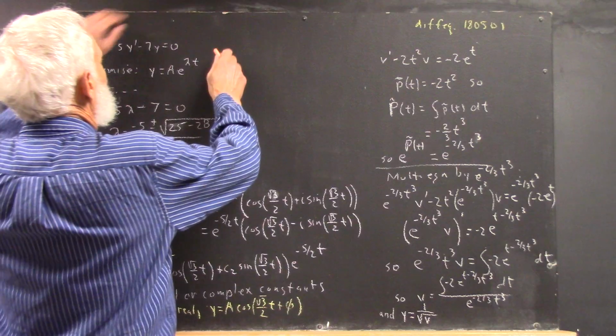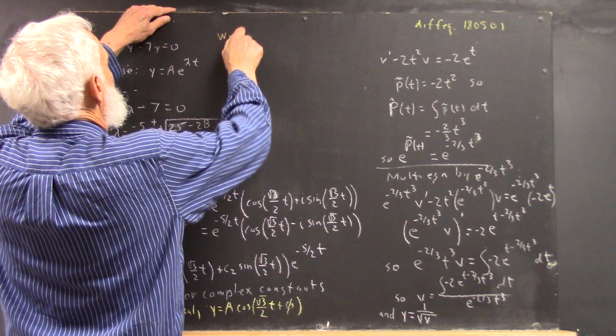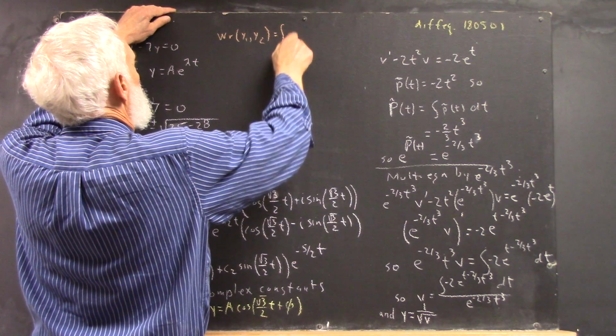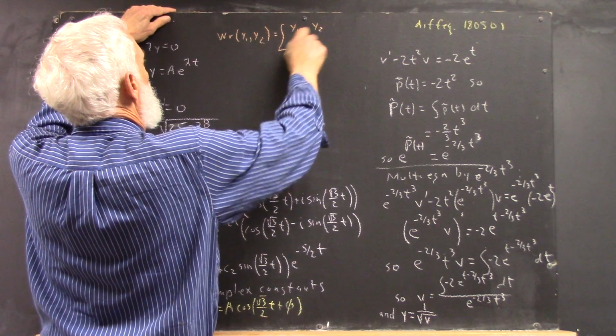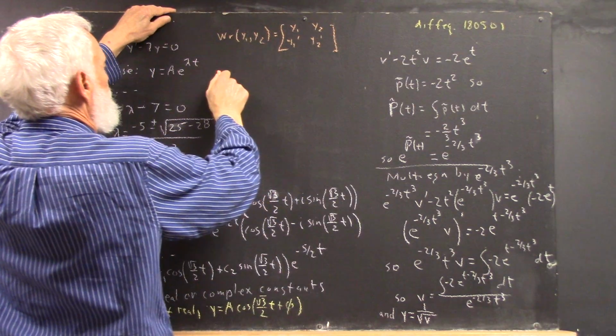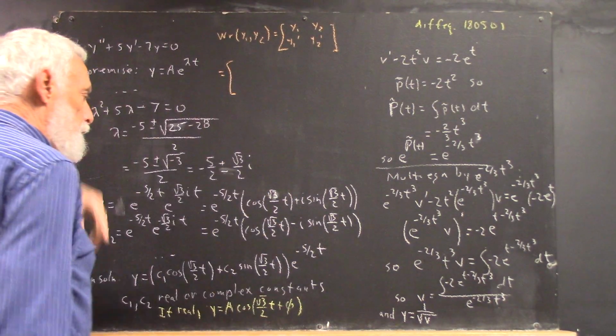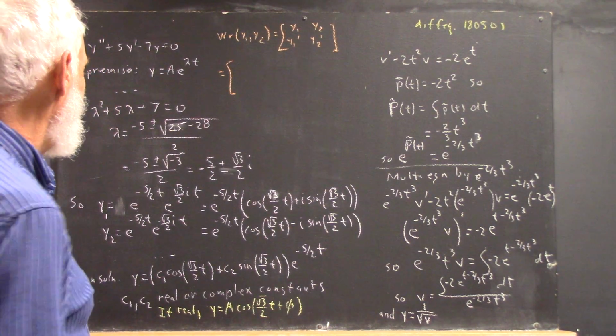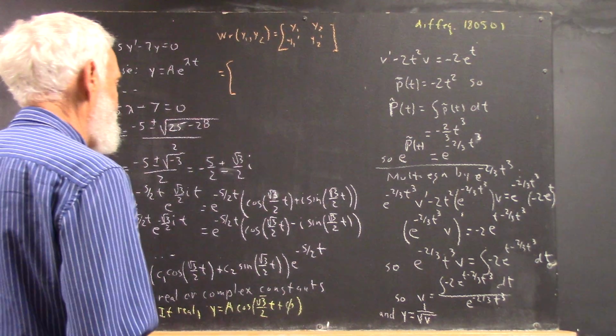Okay, well, the Wronskian. Okay, this gets a little bit long, right? I'm going to see what I did wrong here. Okay.